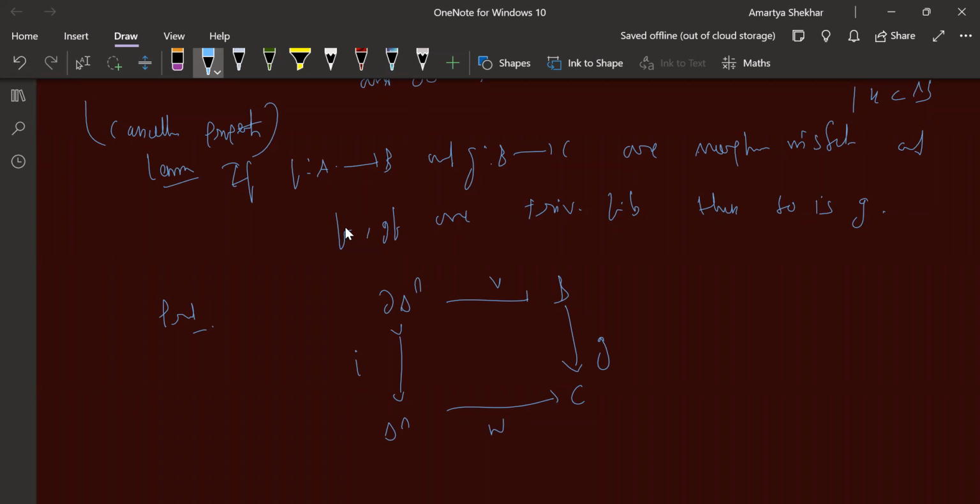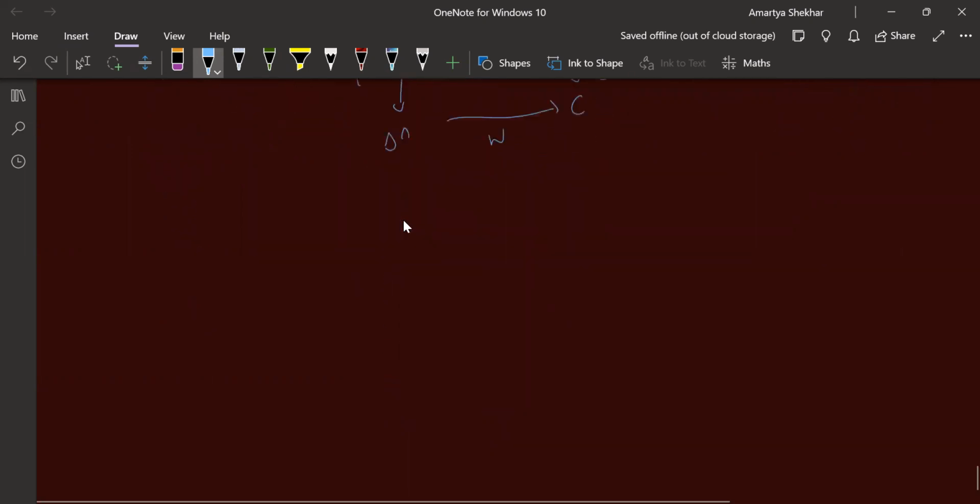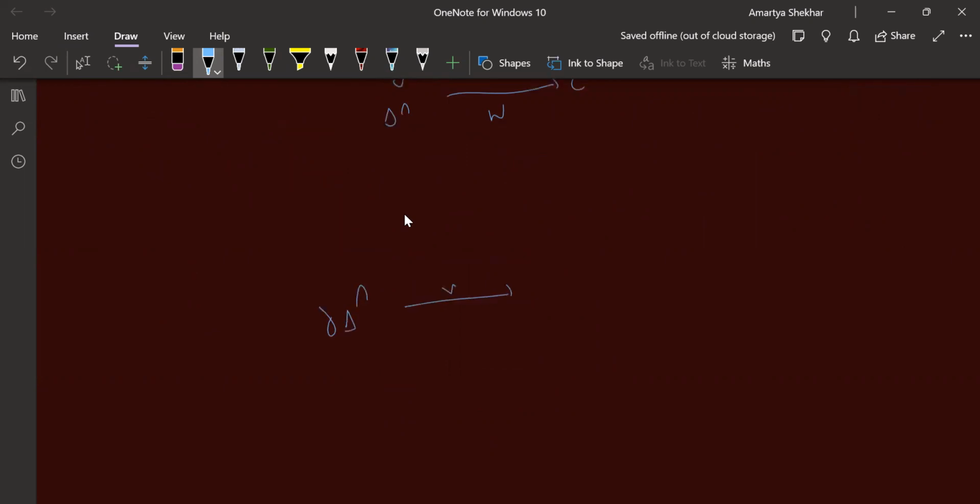We know that this is a cofibration from the previous lemma, because from the previous lemma we know that this is a cofibrant object. Since G is a trivial fibration, it has this lifting property. And now we again use the fact that the boundary inclusion is a cofibration by the previous lemma. So we use that, and I think we can do this.